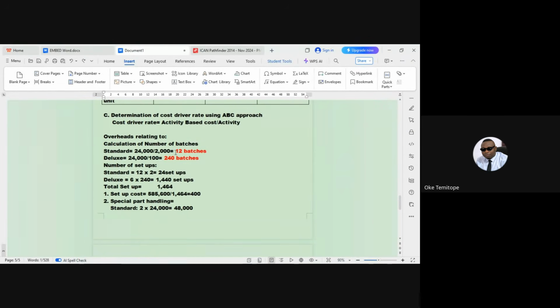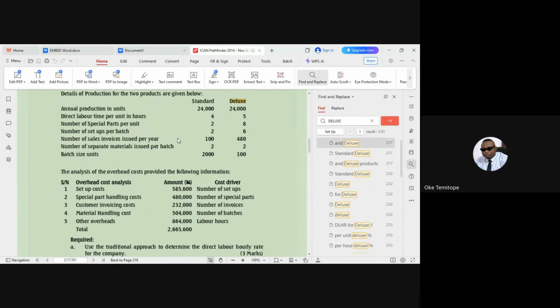So we should just ignore the 2 and the 6 that is there, and make use of only the batches, which is 240, 624 divided by 2000 and 24 divided by 100. Sir, these 2 and 6 are the number of setups per batch. But how many batches do you have in 24,000 units, sir? It's 12. Good. How many batches do you have for the loss in 24,000 units?